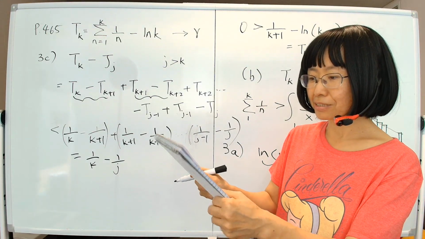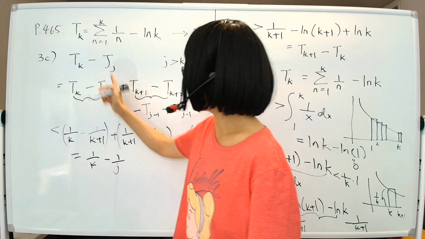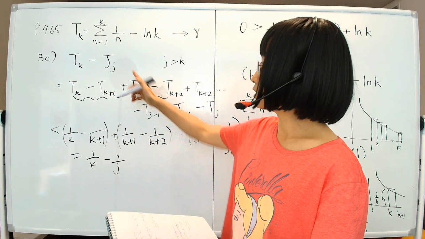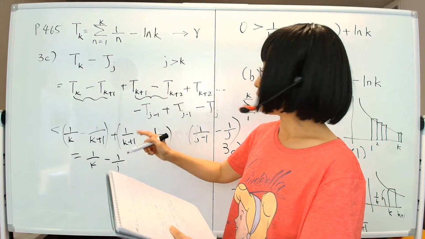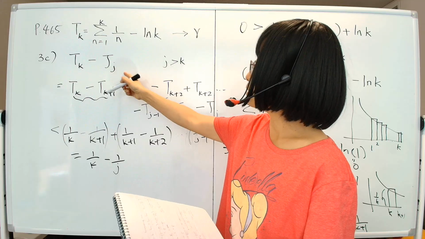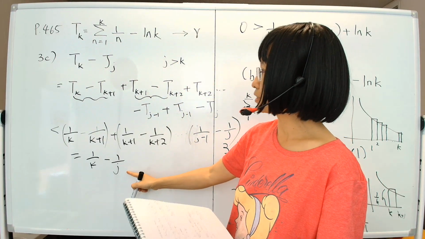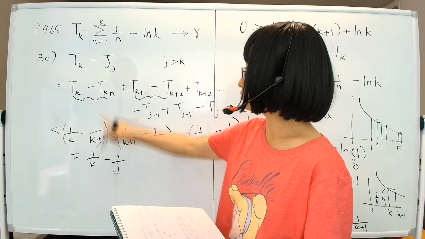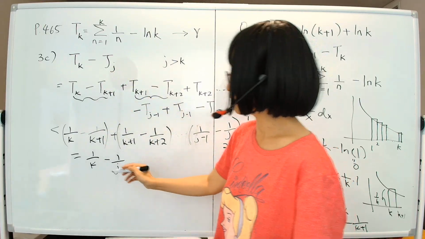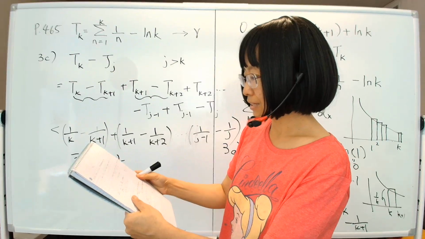Next, let's look at 3d. 3d says, being that this is true, let's allow j to go to infinity. What happens when j goes to infinity? Remember, tk approaches gamma. So when j goes to infinity, then tk minus tj. Maybe I should write it down. Yeah, let's write it down.